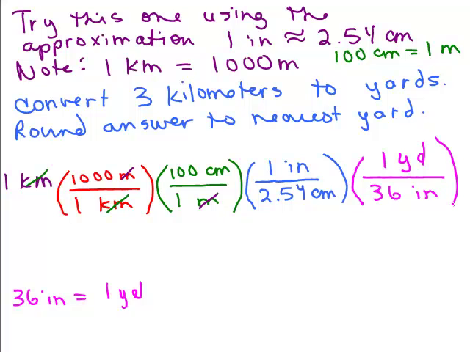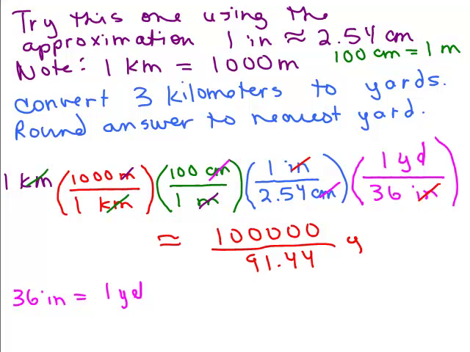And wow, a lot going on here. The centimeters cancel. I'm getting the inches to cancel. Finally, I'm going to get in the numerator just yards. And so what do I have in the numerator? I've got 1,000 times 100, which is really just a 1 with 5 zeros. In the denominator, I've got to multiply 2.54 times 36, which is 91.44.